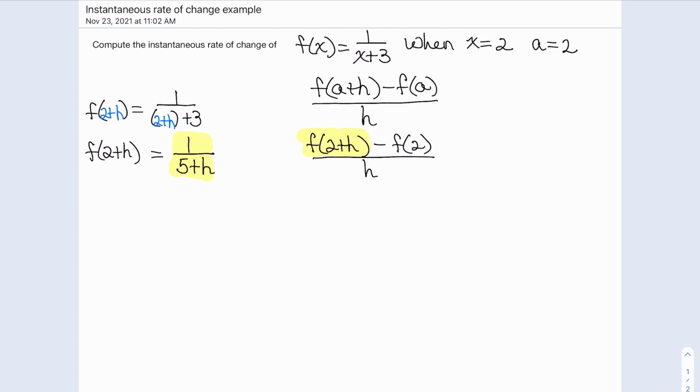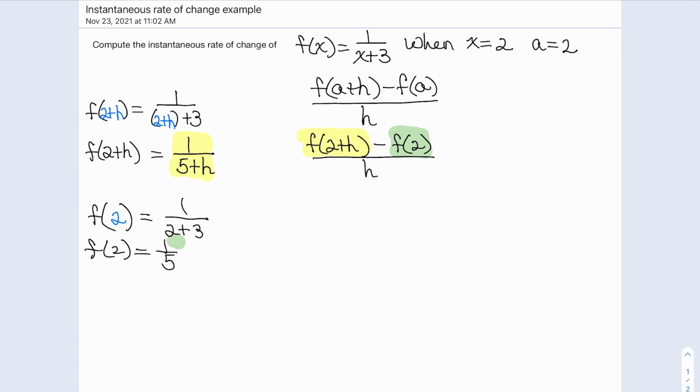Next up, we want to look at the f of 2. So f of 2, we're going to go to our function and take out the x's and put in 2 instead. So I have 1 over, take out the x and put in 2, and then plus 3. So my f of 2 is going to be 1/5.